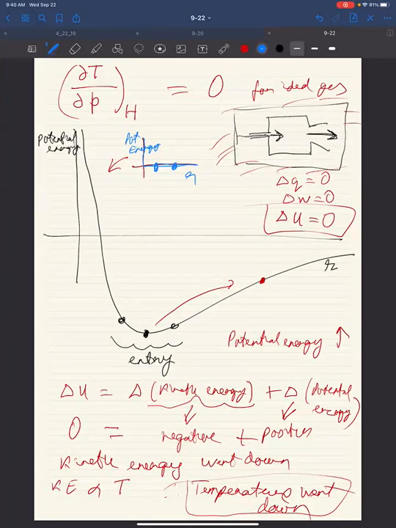You can also say physically, if the potential energy stays zero, and we know change in internal energy is zero, then the change in kinetic energy also must be zero. So for an ideal gas, delta potential energy is equal to zero. Therefore, delta kinetic energy is equal to zero. So this shows why.